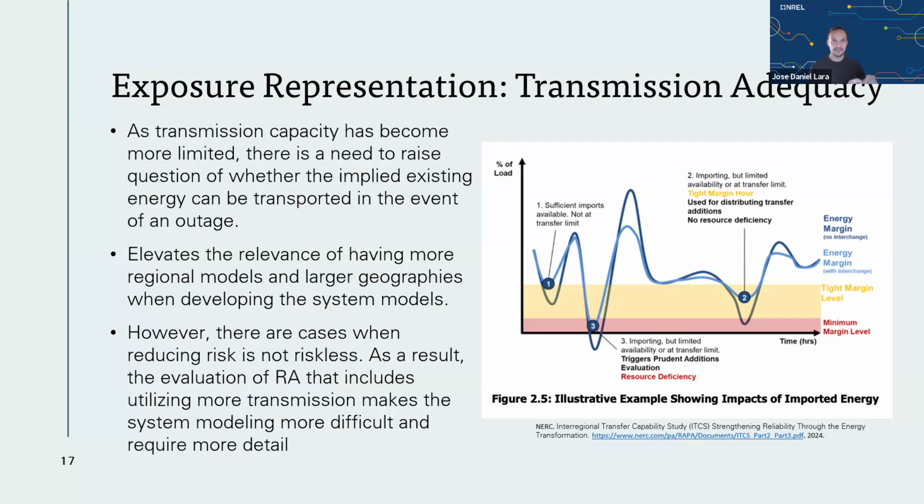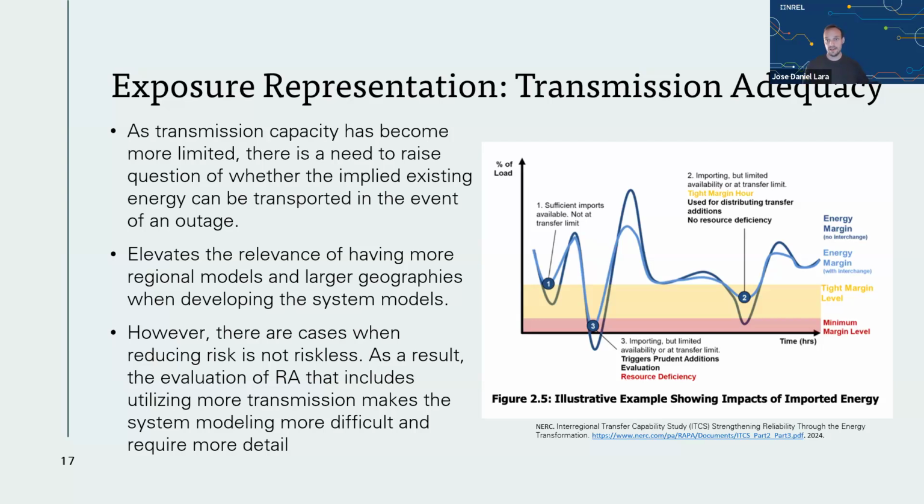So I think that it is important to continuously thread this needle of how much detail goes into my models, how much exposure do I care about, and what are the important pieces that matter for my stakeholders. You might live in a state where the stakeholders say, I don't want to rely on imports as much as I would like to for my resource adequacy, which implies more build out and investment local to your particular state.